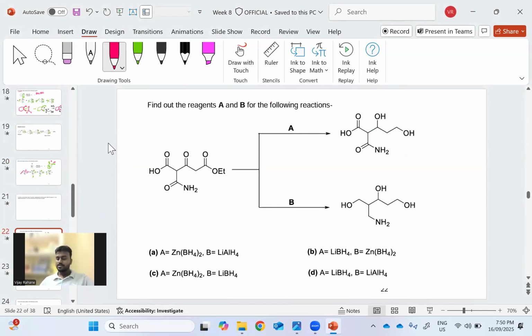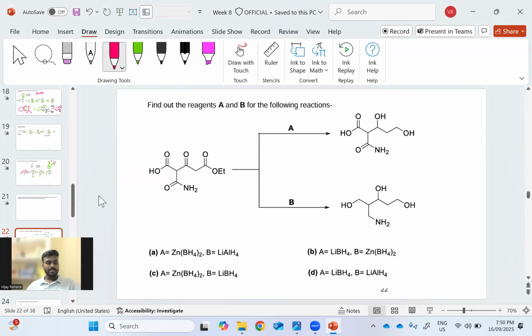So here, in this question, we have been given two different reagents, namely lithium borohydride and zinc borohydride. So in this case, what will be the impact of these reagents on the substrate?